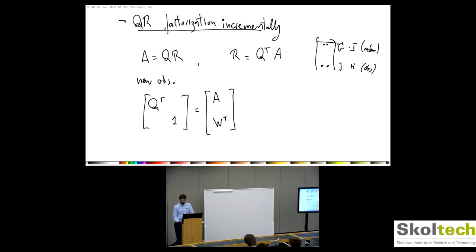Basically, what I'm writing here is this column. This is the new observation that we are adding. So a new one comes, and then we add a new row, and this is what I'm calling W. Okay. So this step is clear. It sounds trivial, but we'll see that actually there are a lot of advantages of doing things this way.